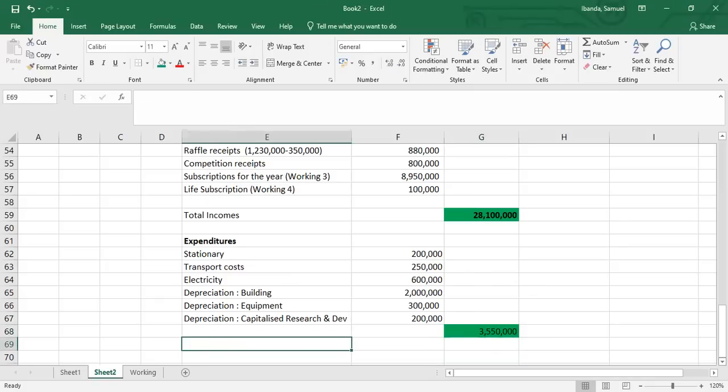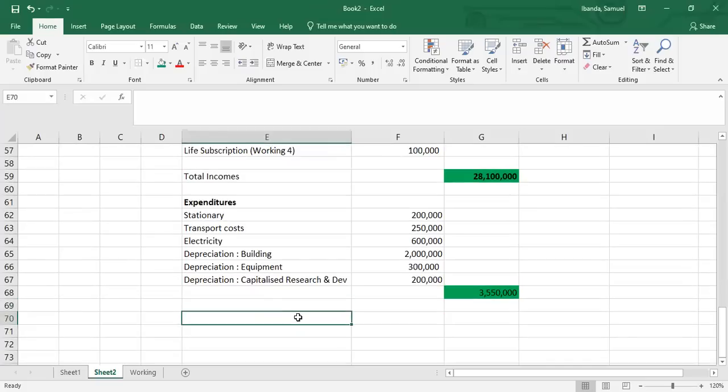Okay, and I'll now get the difference. Remember, they told us that for not-for-profit, we don't have a profit, but we have what we call excess of income over expenditure in case the difference is positive.